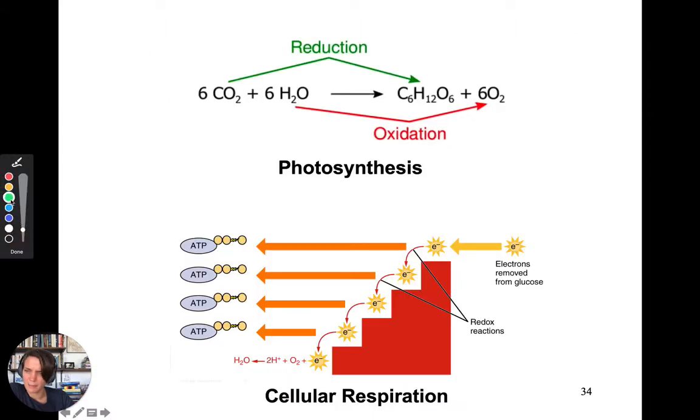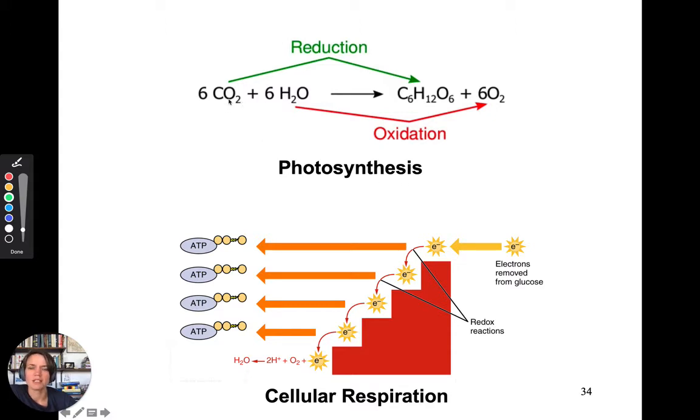So the first example of an oxidation reduction reaction that you have seen before in your life but just may not have known that it was oxidation reduction is photosynthesis. So photosynthesis is the way that energy on our planet from the sunlight gets converted into food for all of our biosystems on this planet. So we have this intake of carbon dioxide and water in order to produce glucose and oxygen by photosynthetic species that contain chloroplasts.